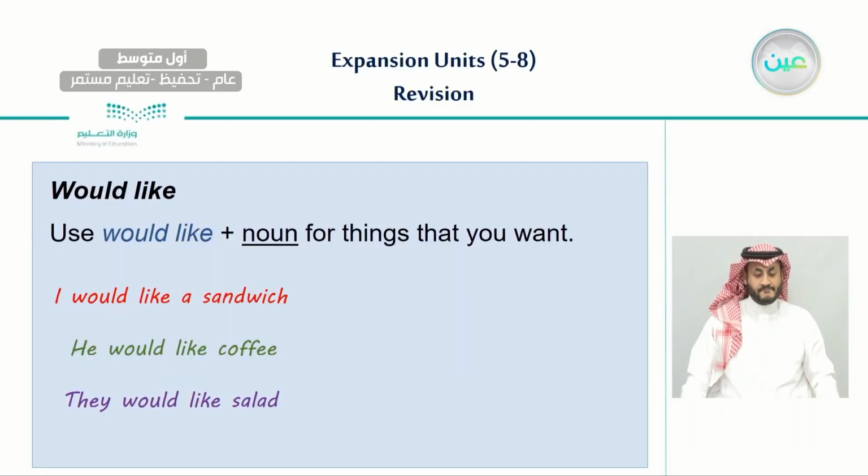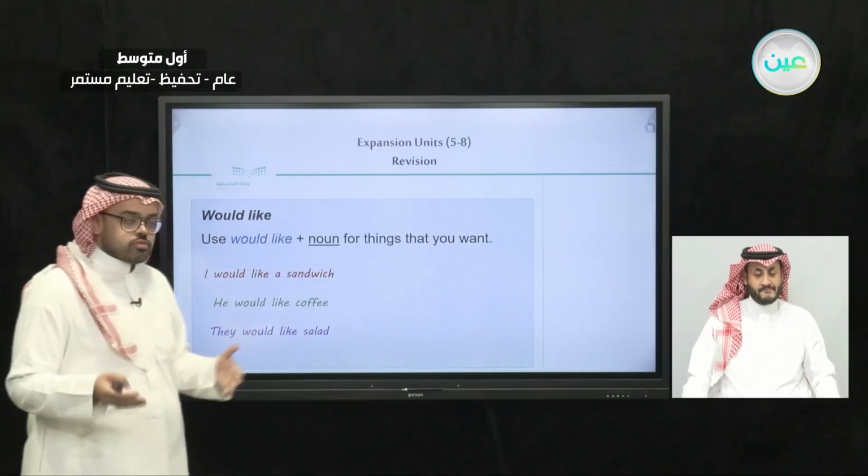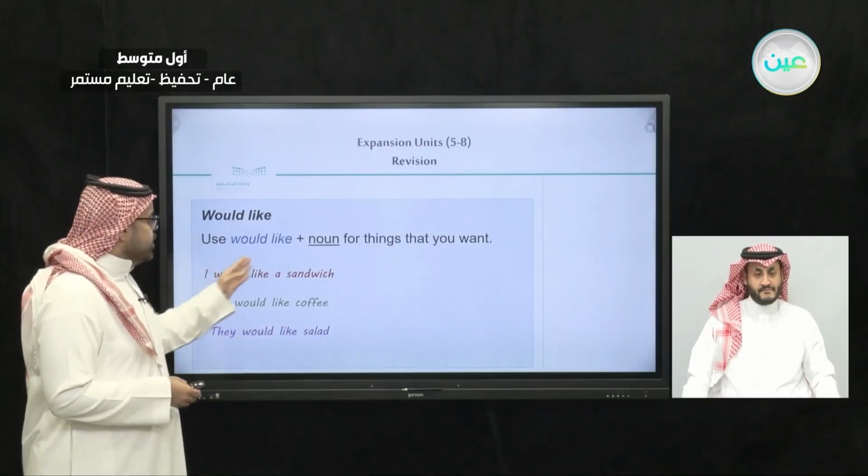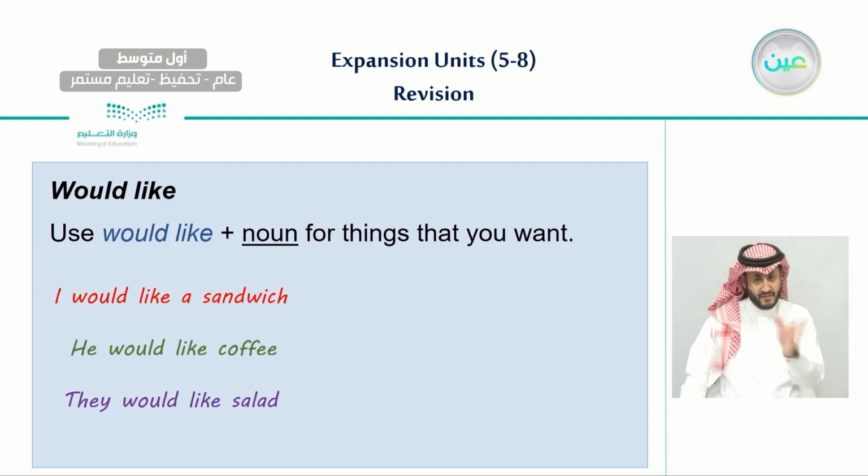And here we have two kinds of using the verb would like. The first one is if we use would like with a noun, and that is only for things or nouns that we talk about. For example, I would like a sandwich. So here, after would like, we have used a noun, not a verb. He would like coffee.